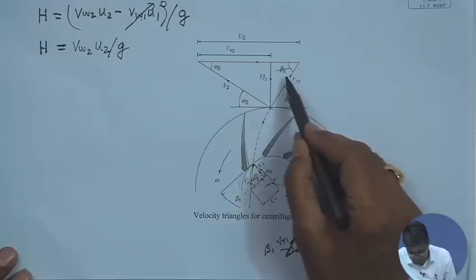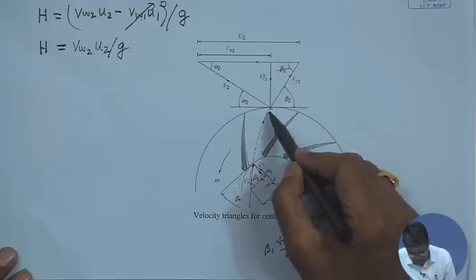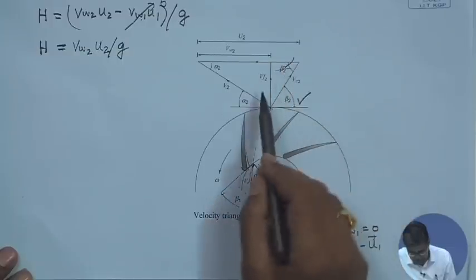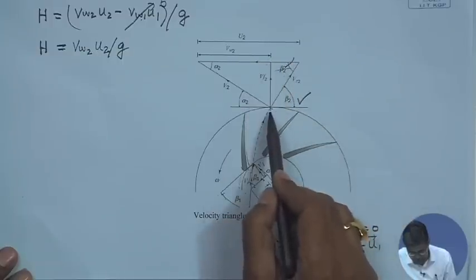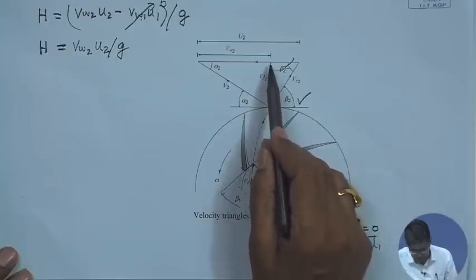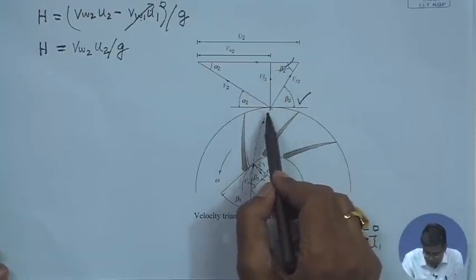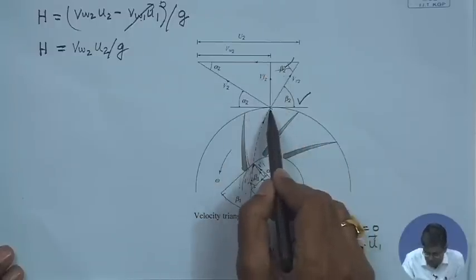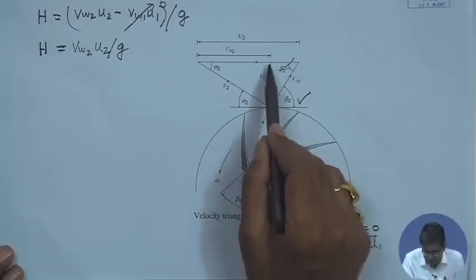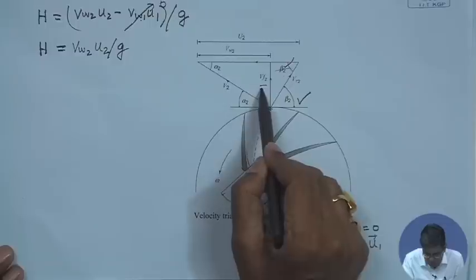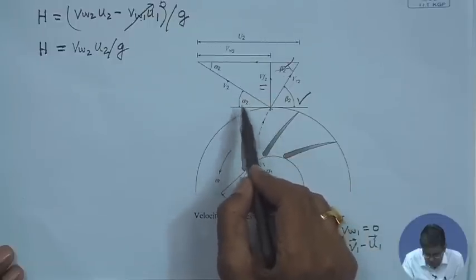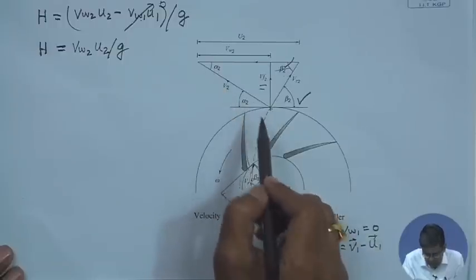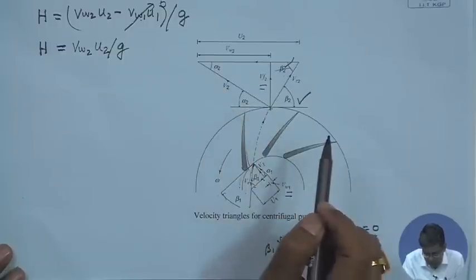Therefore, this is beta 2, the angle of the blade at the outlet. This is the flow velocity, that means the velocity in the direction normal to the cross-sectional area, that is Vf2, as we already know these nomenclatures. And this alpha 2 is the angle that the absolute velocity makes with the direction of the tangent.